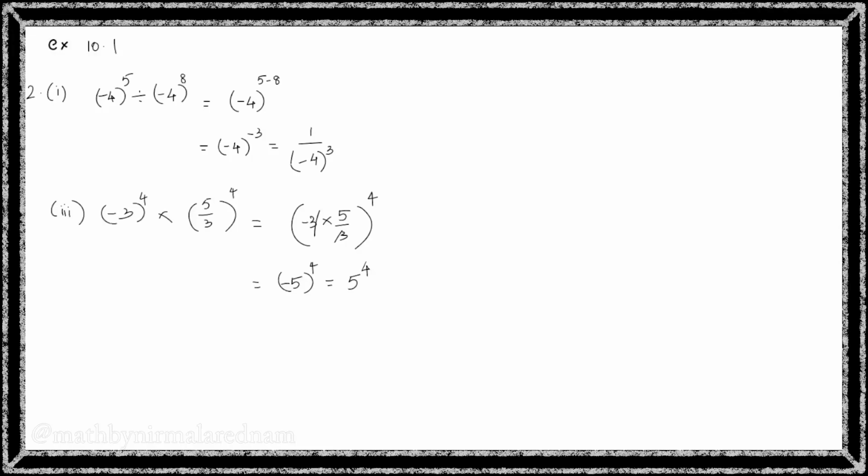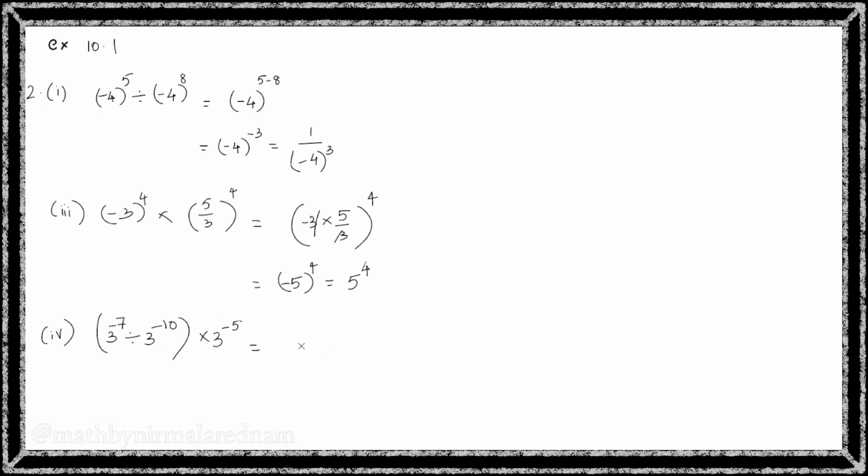Fourth question, they're asking us 3 power minus 7 divided by 3 power minus 10 into 3 power minus 5. So here clearly you can see that the bases are same. So it's the first 2 and 3 laws that we'll be using.